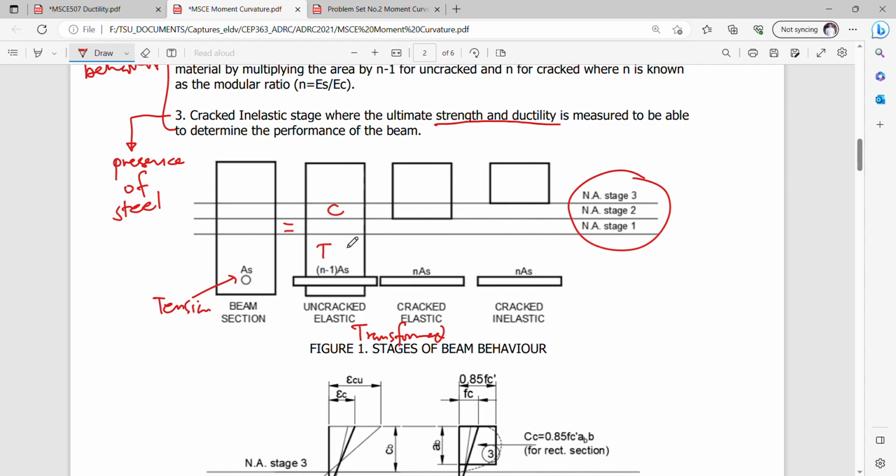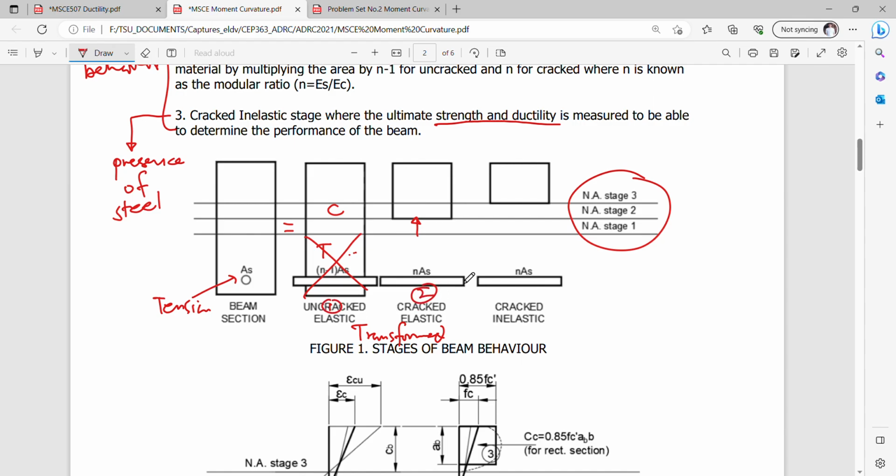So as soon as the portion of concrete here cracks, why? Because of the exceedance of the cracking stress, then your neutral axis will shift, favoring the compression side. So it will actually go up. So this now is your neutral axis at stage 2. This is stage 2, this is stage 1.